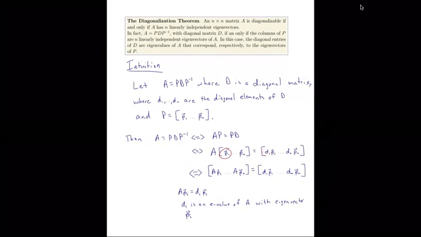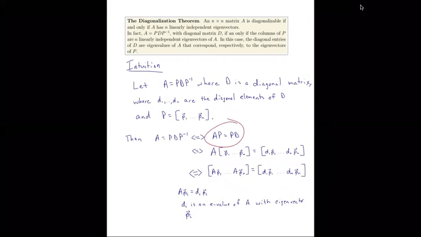Next, the second eigenvalue that we write down, we should put its eigenvector in the second column. And when we get all the way down to the nth eigenvalue, we should put its eigenvector in the nth column. That way all the diagonal elements, or eigenvalues, pair up with their respective eigenvectors, and this statement is true.